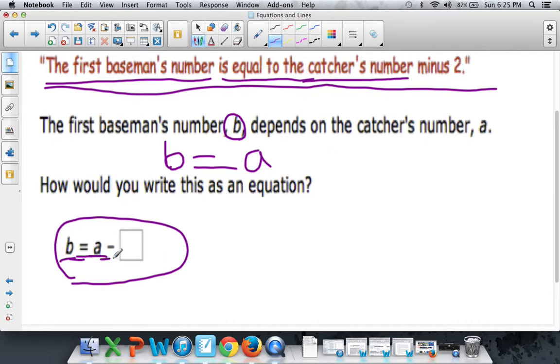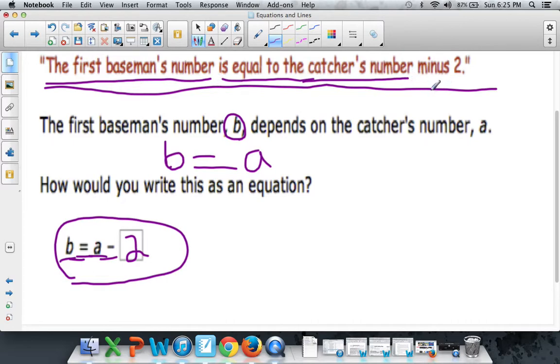Well, there's a minus, so what's the only thing it's missing? That's right, the 2. This is one of the harder parts of algebra, but only at first. Taking a sentence like this and transforming it into an equation like this. The first baseman's number is equal to the catcher's number minus 2.